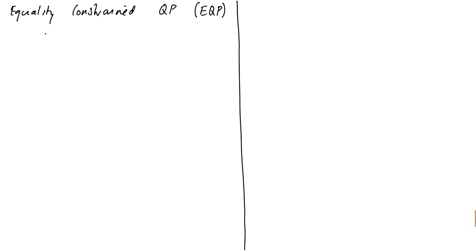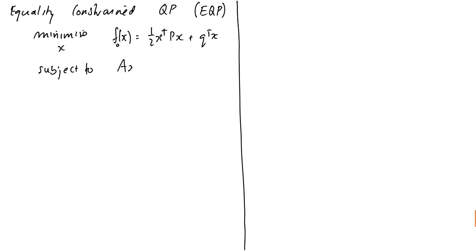So now our optimization problem looks like: minimize over x, just like our linear programs, our objective f naught of x is equal to half x transpose Px plus q transpose x. And now we have a set of equality constraints.